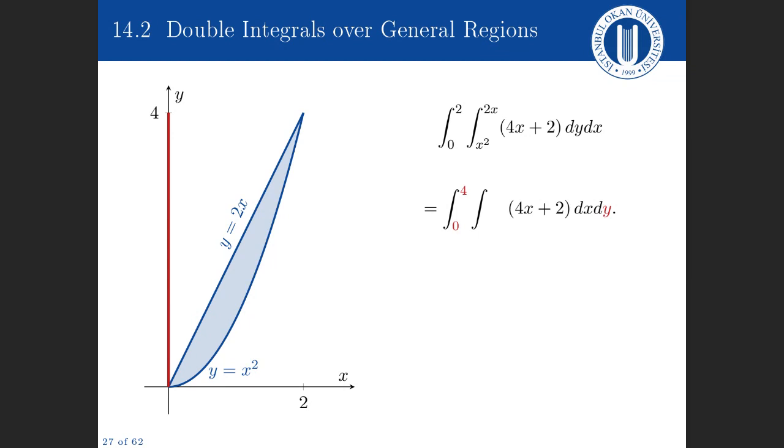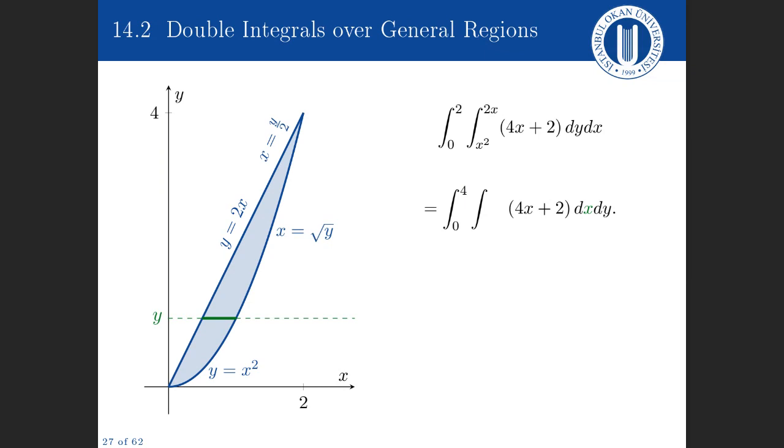And then we move on to x. Draw a horizontal line somewhere. What are the smallest and biggest possible values of x on this green line inside the region R? Here's the smallest.